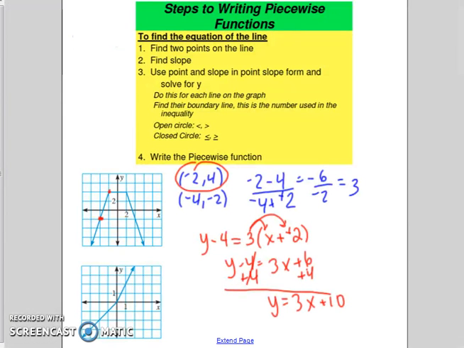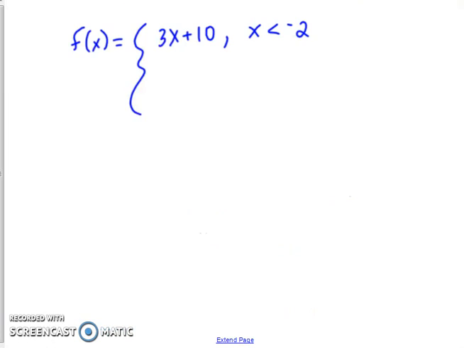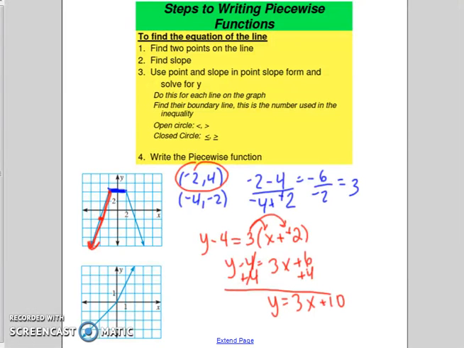Now the second function, I'm just going to do this in red. So this was our first function. Our second function is this piece right here. And that's just the horizontal line y equals 4. So when I go to write this, I have 4. And then that is between -2 and +2.